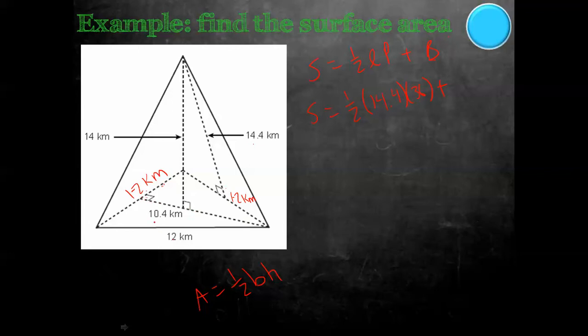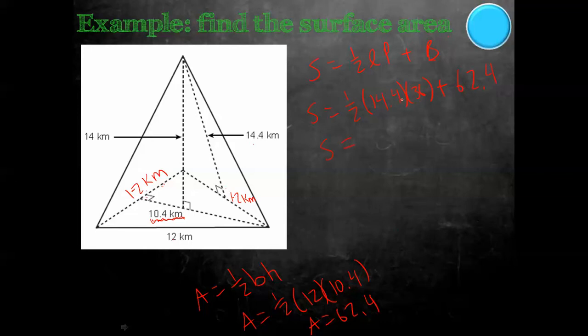So if we look here, the height of our triangle here is actually 10.4, okay? So in order to find the area, we would say 1/2 times 12 times 10.4, which is 62.4. So the area of our base is 62.4.